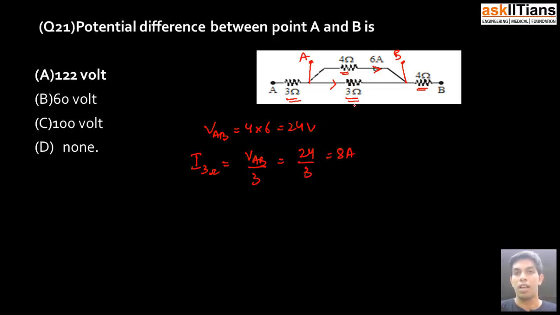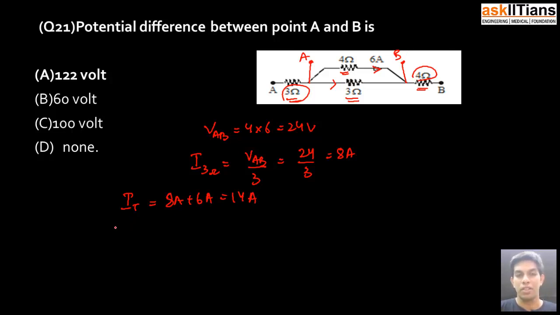So the total current flowing through this 3 ohm and this 4 ohm is IT equal to 8 ampere plus 6 ampere, which is 14 ampere.